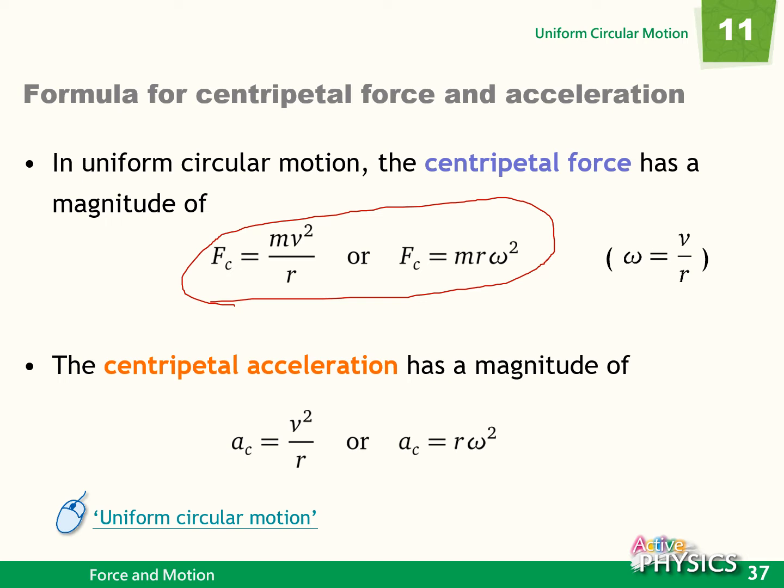F equals mv squared over r, F equals m r omega squared, and since omega equals 2 pi over t, the centripetal force can be F equals m r times 2 pi over t, squared. You need to memorize these 3 equations. There is an easy way for you to understand.